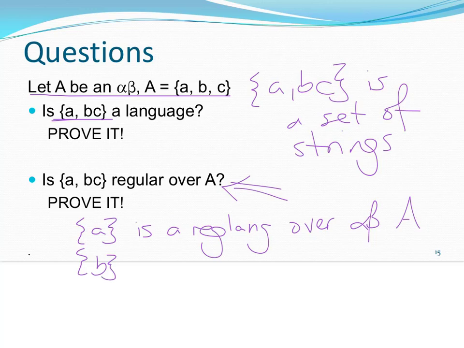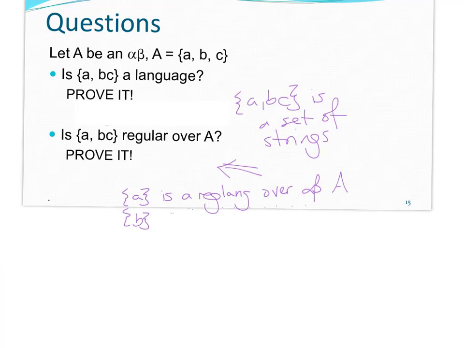And B is a regular language, and these are all because of the, let's see if I can squish this ever so slightly smaller, hang on. Okay, and why is the set A a regular language over the alphabet A? Well, that's one of the base cases, definitions of regular languages. B is also a regular language over the alphabet A, same reason, base case. Let's give these numbers. That's line 1, that's line 2, that's line 3.